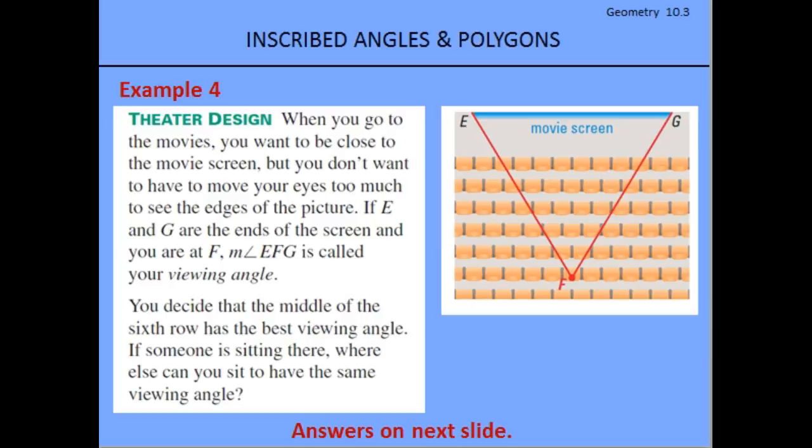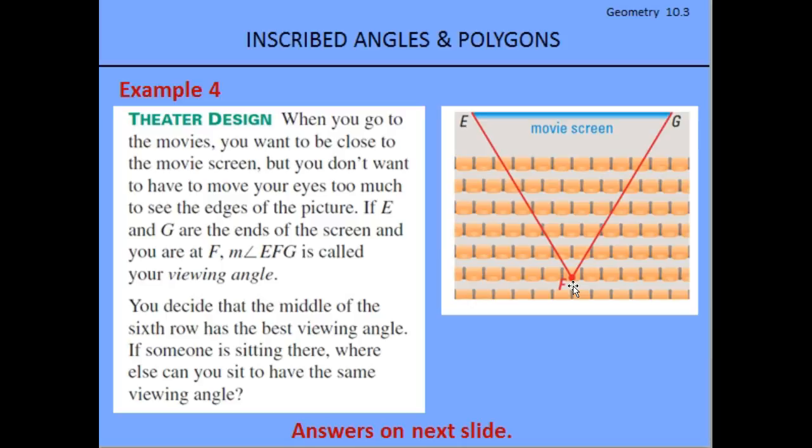Example 4. When you go to the movies, you want to be close to the movie screen, but you don't want to have to move your eyes too much to see the edges of the picture. If E and G are the ends of the screen, and you are at F, the measure of angle EFG is called your viewing angle. So you decide that the middle of the 6th row has the very best viewing angle.